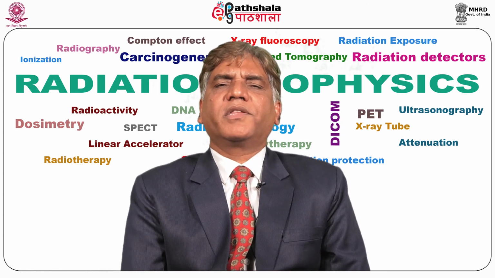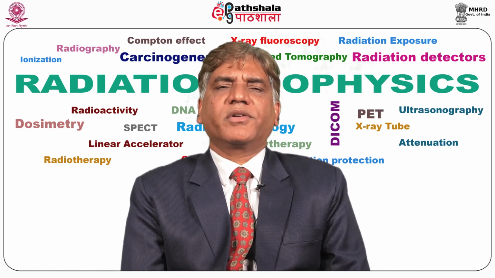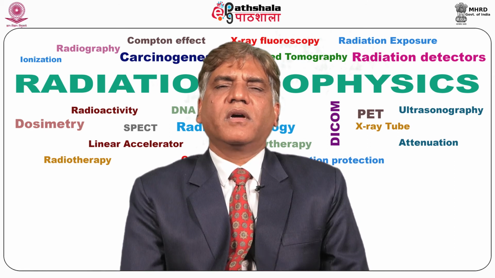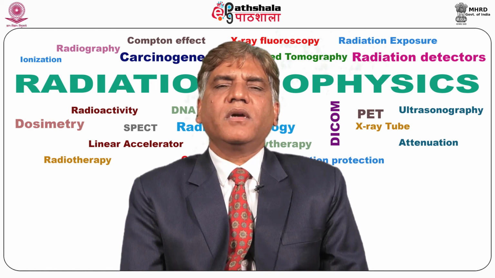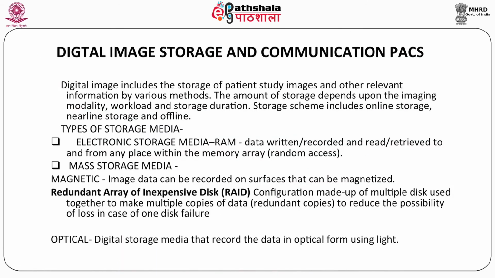Now coming to digital image storage and communication. We call it picture archiving and communication systems, PACS. Digital image storage includes the storage of patient study images and other relevant information by various methods. The amount of storage depends on imaging modality, workload and storage duration.